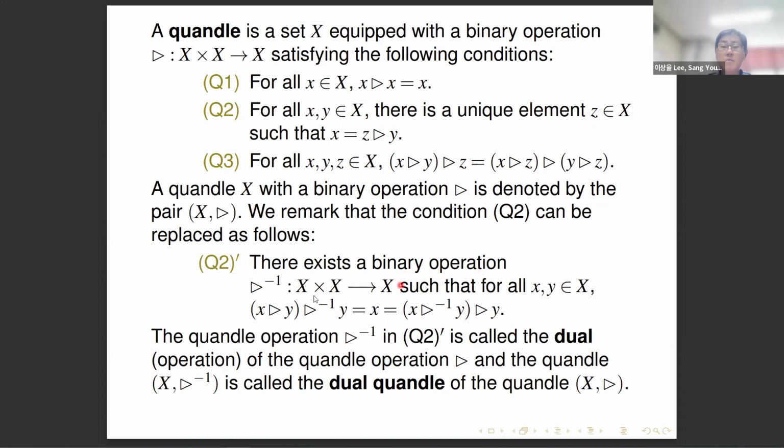There exists a binary operation delta inverse such that for X, Y, (X delta Y) delta inverse Y is X, and also (X delta inverse Y) delta Y is X. In this case, the operation delta inverse is called the dual operation of the quandle operation delta, and X with the dual operation is called the dual quandle of the quandle.